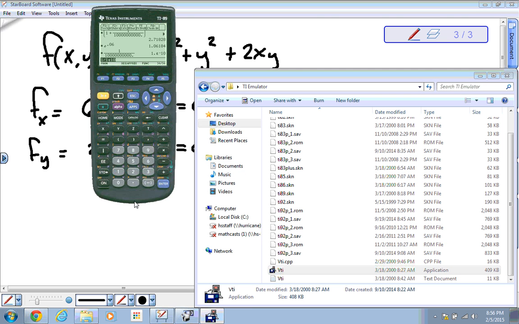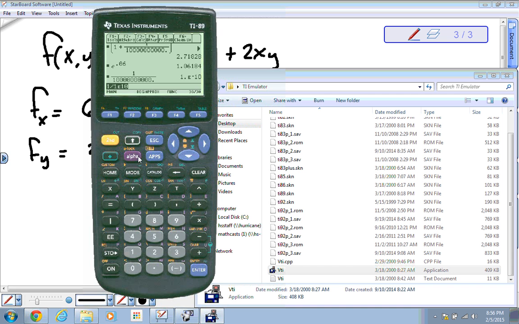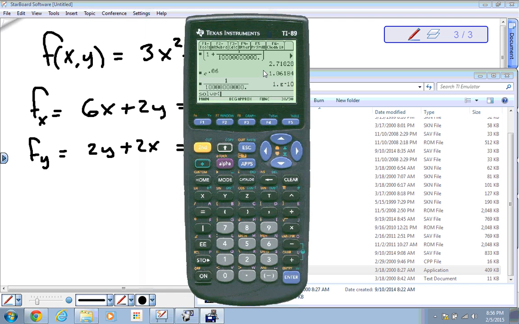But I'm going to show you what I would do on my calculator if I ran into one that was a little uglier than this. So a little F2 solve, and the functions are 6x plus 2y equals 0, and 2y plus 2x equals 0, comma, squiggly brackets x, comma, y, squiggly parentheses, bam.